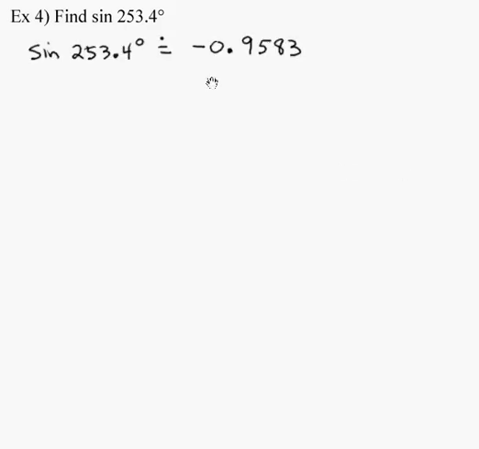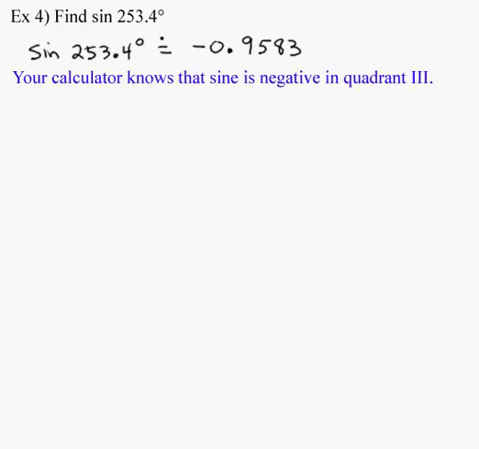And we round that to 4 places. So approximately negative 0.9583. So that's nice that your calculator knows that sine in quadrant 3 is negative. And that'll help you in this realm.